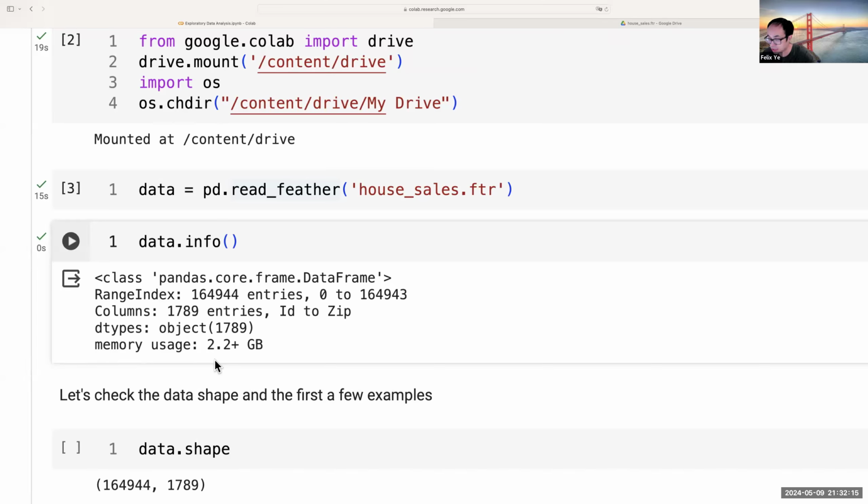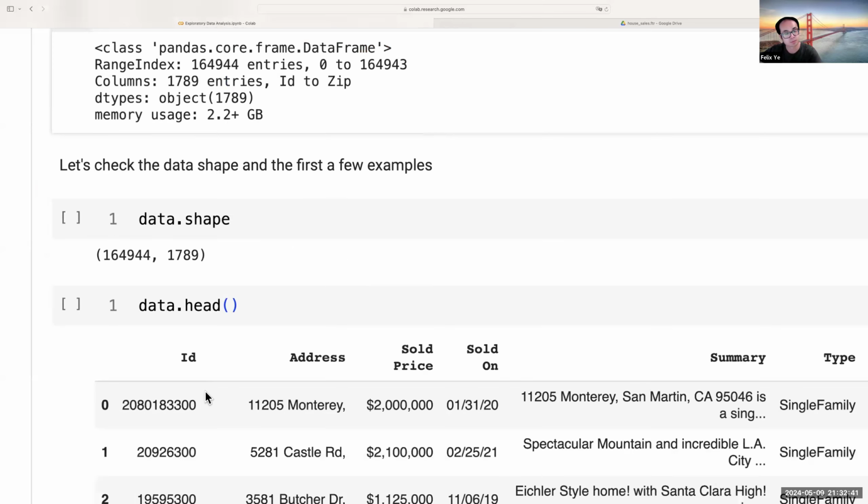If you use something like ChatGPT or another large language model, they can help you at a certain level, but they cannot help you do this kind of data analysis for such a large data set. It's just because the data set is too big, and those large language models couldn't handle it.